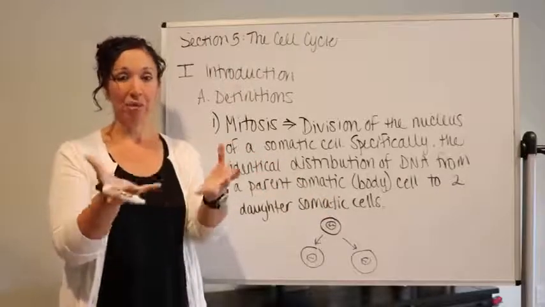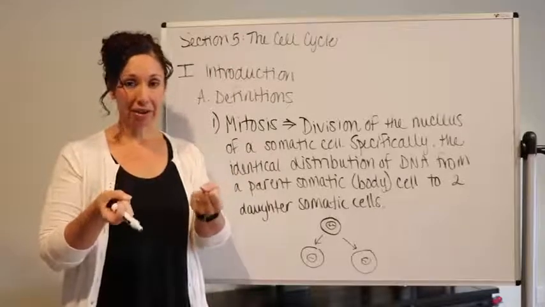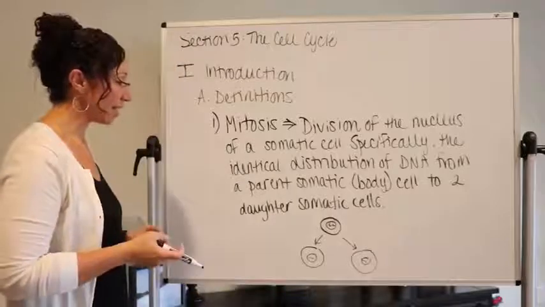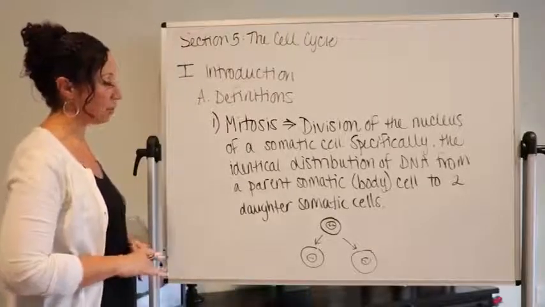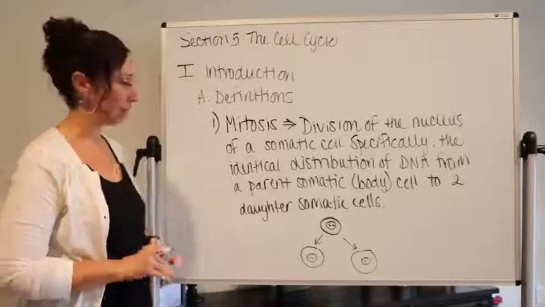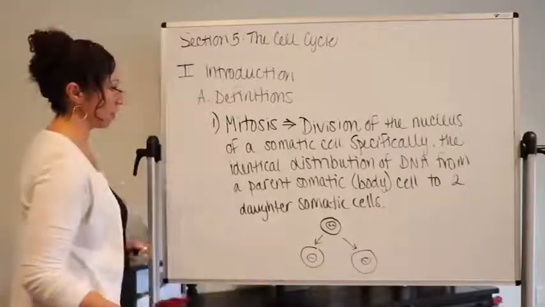That is why you are literally half your mom and half your dad. So soma is Latin for body as well. So if you have a little bit of Latin introduction in you, you know where soma comes from.